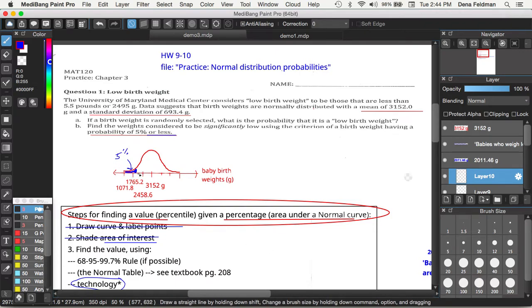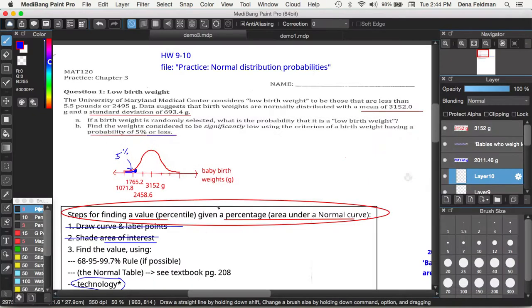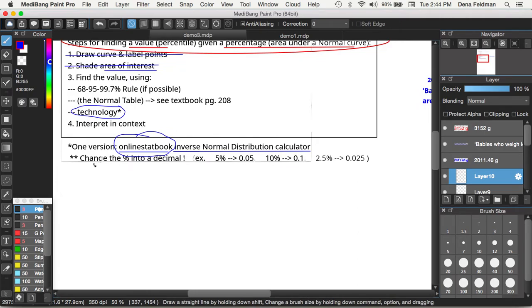I'm going to go back to this online calculator, and input that number into the space where it says area. I'm going to input the number that represents 5%. However, and this is the most important part, the easiest place to make a mistake, the first thing you have to do is change that percentage into a decimal. That has to be done if you want to use this inverse calculator.